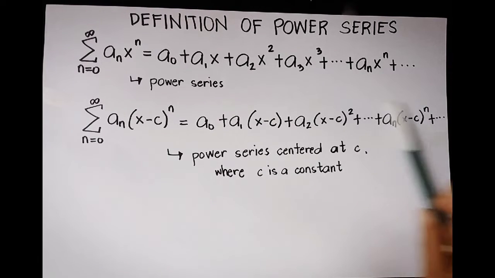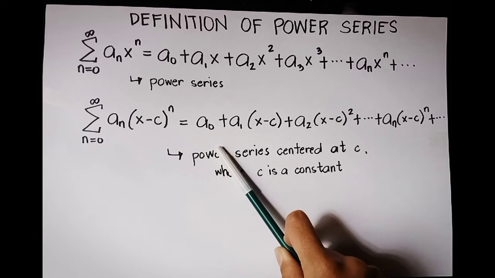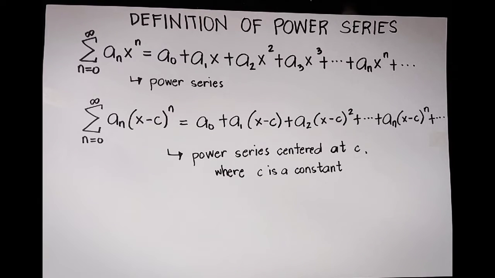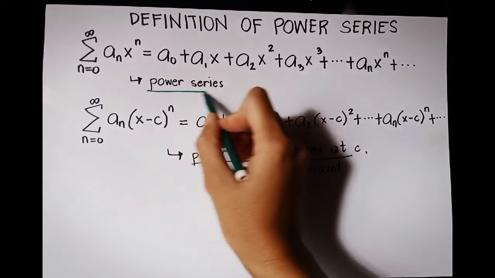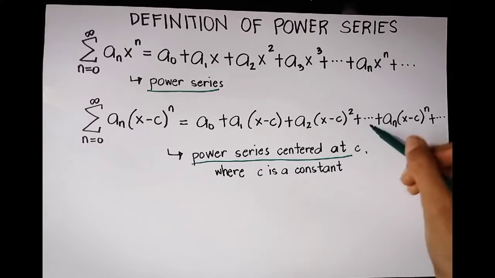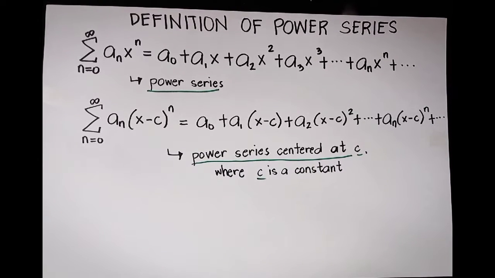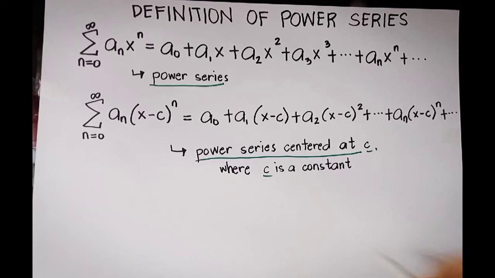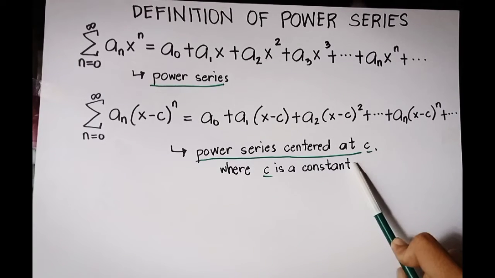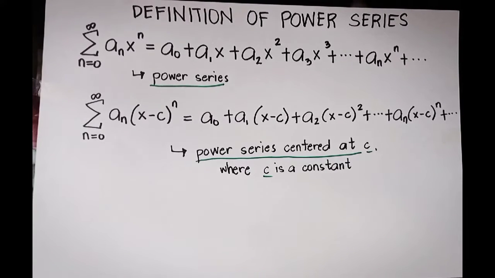This whole form is called a power series centered at c, where c here is a constant. Alright?